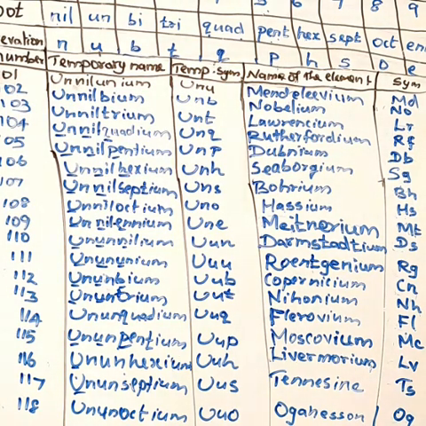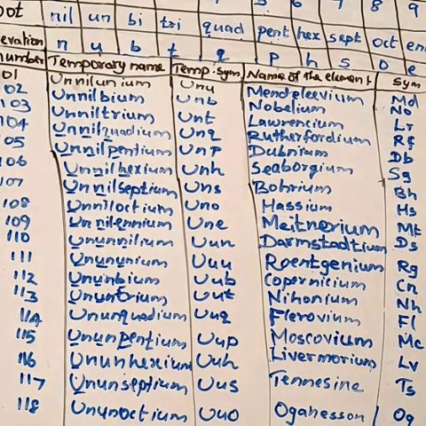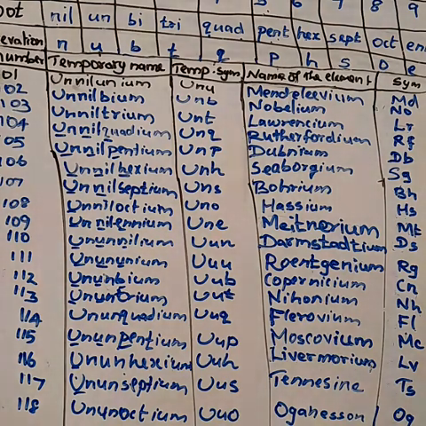101 means mendelevium, Md. 102 means nobelium, symbol No. 103 lawrencium, symbol Lr. 104 rutherfordium, symbol Rf. 105 dubnium, symbol Db. 106 seaborgium, symbol Sg. 107 bohrium, symbol Bh. 108 hassium, symbol Hs, and so on.